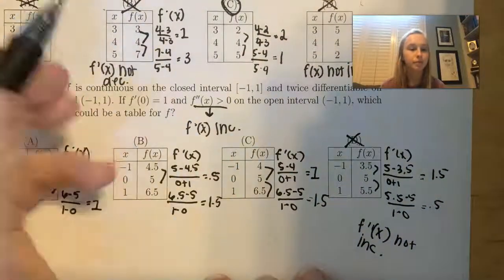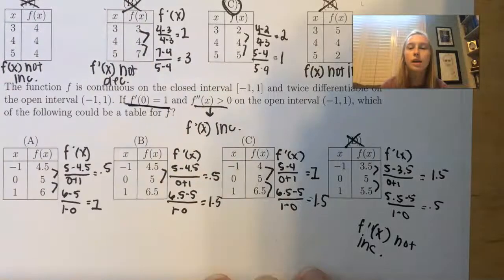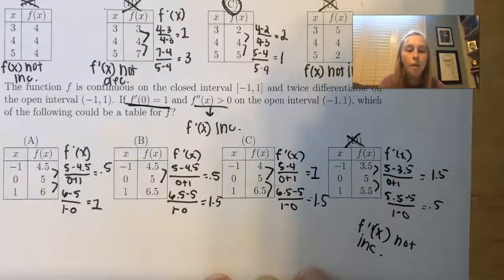There we go. Okay. So now, since all the other ones are increasing, we have to narrow down the answer even more. But luckily we're given another fact that f prime of 0 equals 1. So what does that mean? Kind of like in question number 2, I think, we're given the fact about the x value right here.